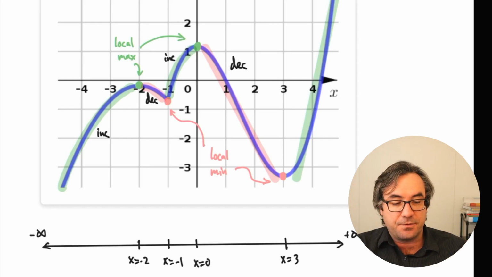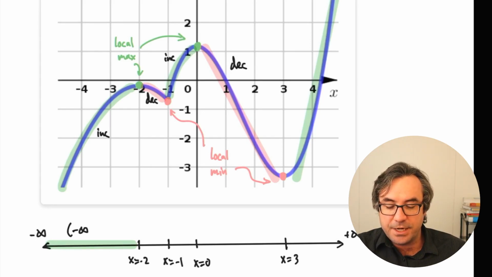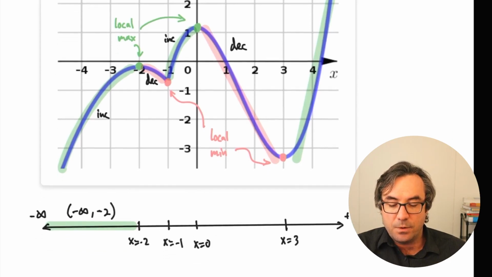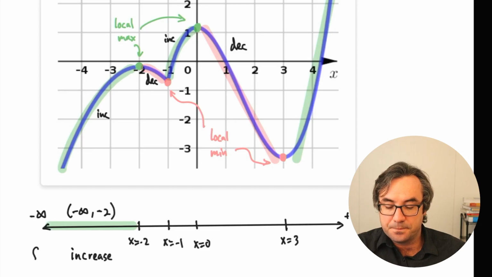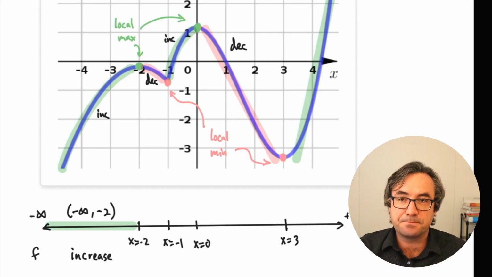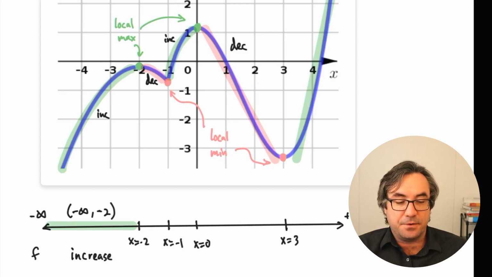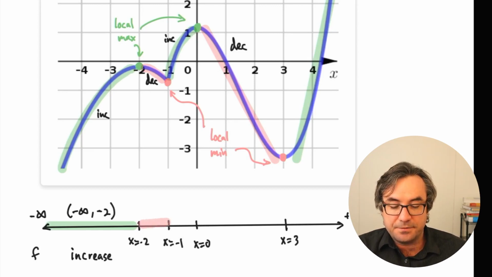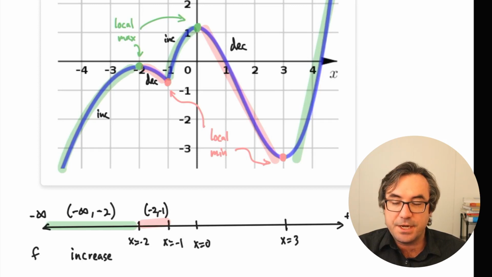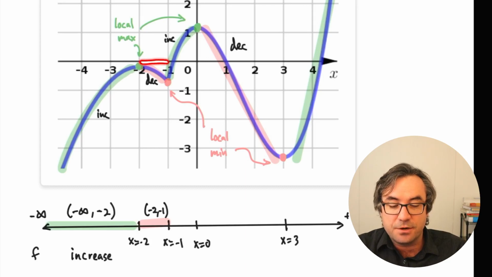So this first interval, what did we find? That first interval, in interval notation, is going from minus infinity to -2. And what we found is that our function f was increasing there. Now this next interval, going from -2 to -1, we're basically looking at this chunk of the x-axis here.